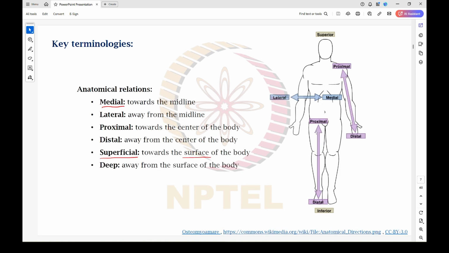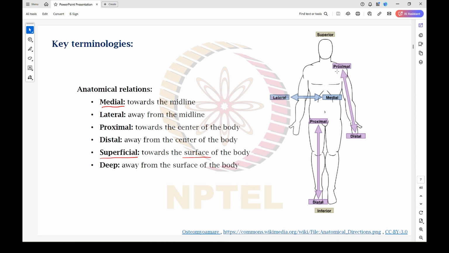Some more directions. The left side is the medial direction and the right side is the lateral direction. This particular line can be called the midline of the body.